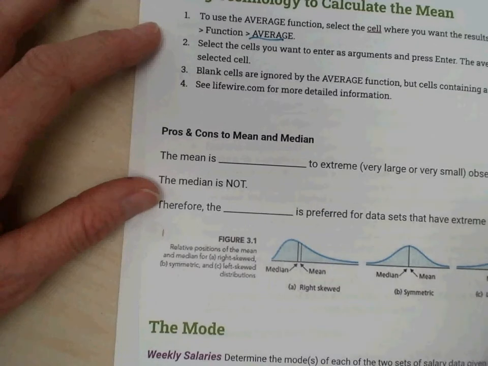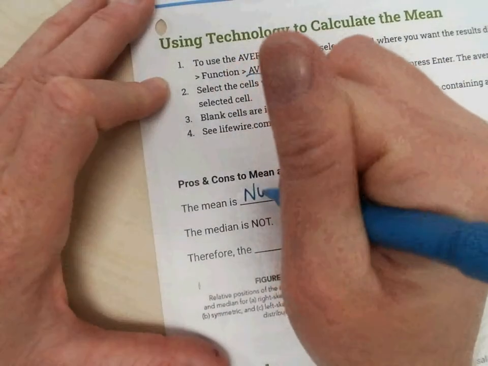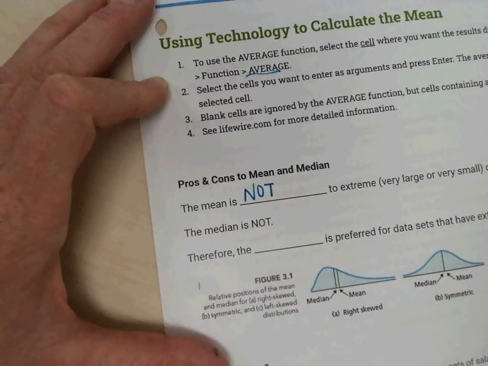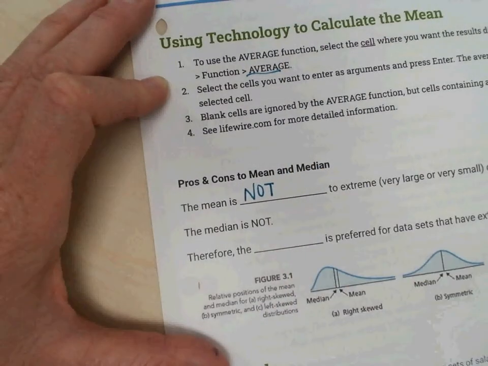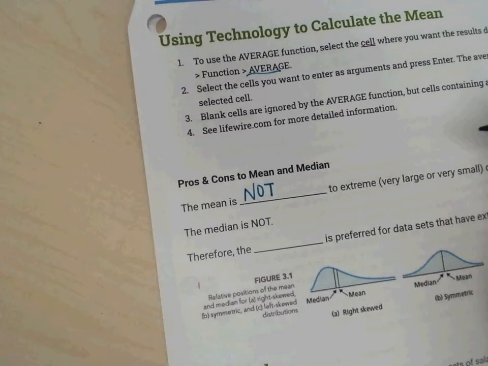Pros and cons to mean and median. We have the mean is not, it is not, oh goodness, I'm forgetting the word.